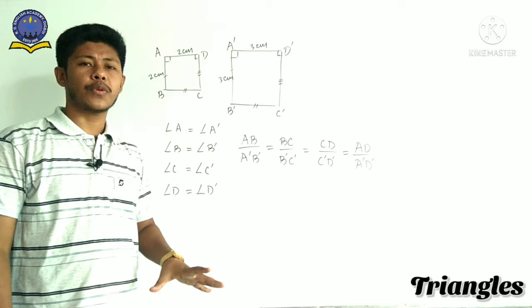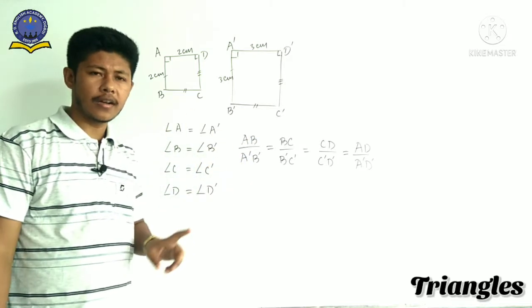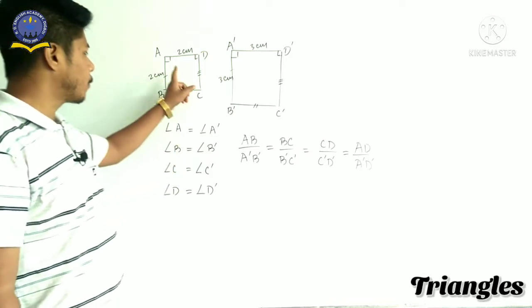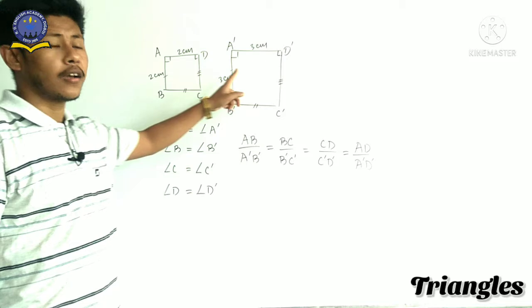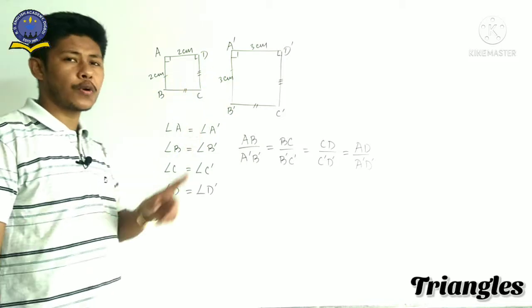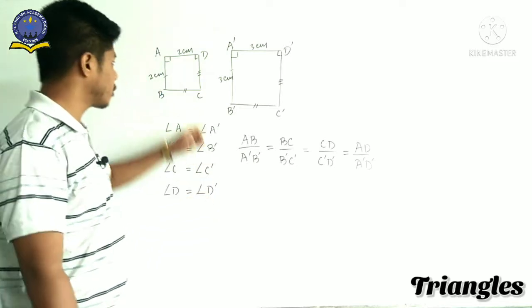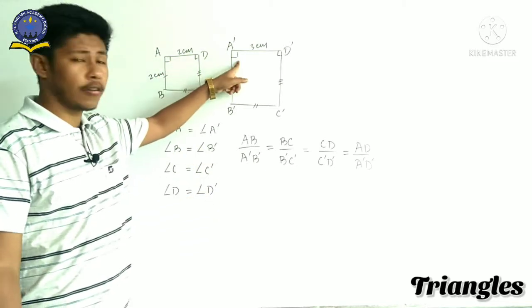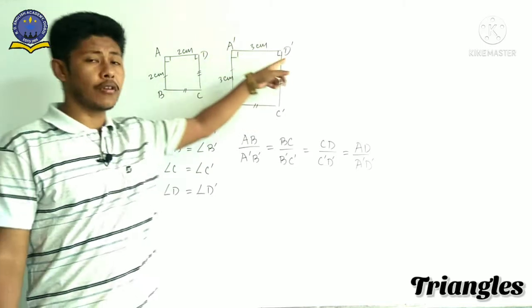So in this chapter, mainly we focused on these two properties. If two figures are similar, then what is the property? The first property is the corresponding angles are equal. Corresponding angle means A equal with A dash, B equal with B dash, C equal with C dash, as well as D is equal with D dash.